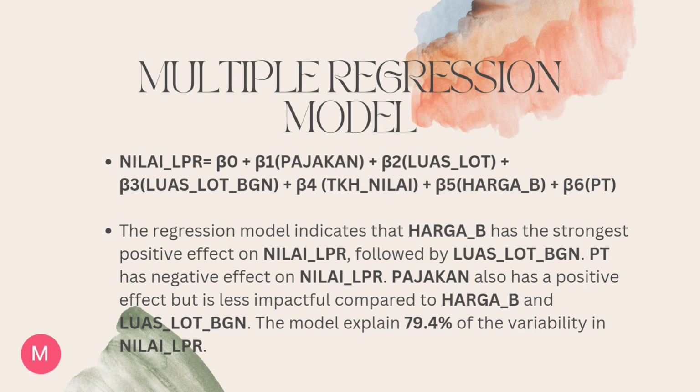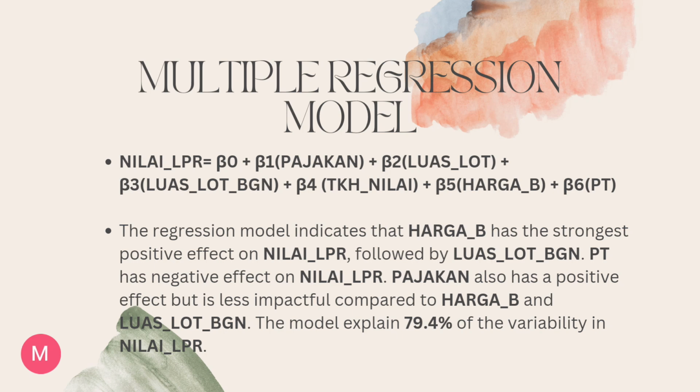After we calculate the multiple linear regression equation, the regression model indicates that harga B has the strongest positive effect on nilai LPR. The PT has a negative effect on nilai LPR.